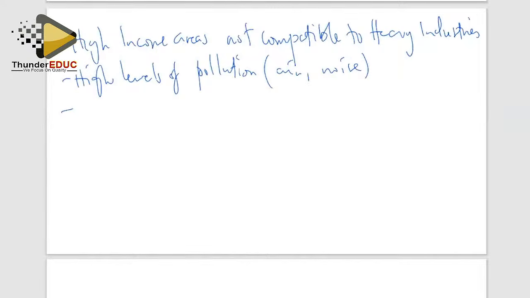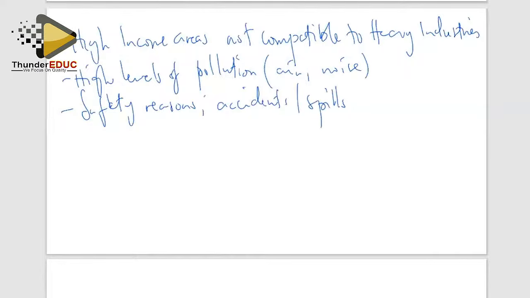They do not want to be associated with those polluting activities. And also for safety reasons, people in high income areas are concerned about their safety. They cannot locate close to risky areas that can have accidents. Like what you mentioned earlier, if there are spills from the industrial activity, they might cause very serious harm to people. So for safety reasons, high income areas don't locate close to the heavy industrial areas.